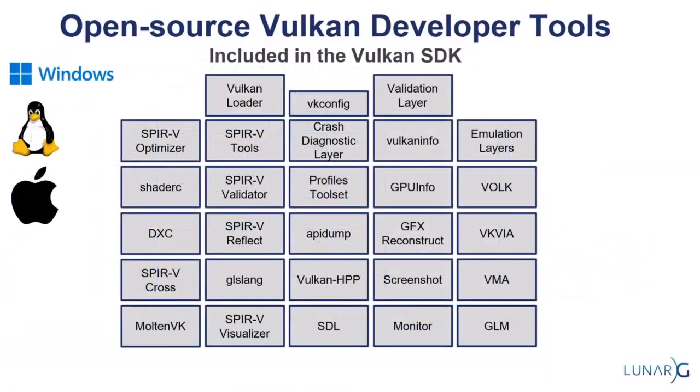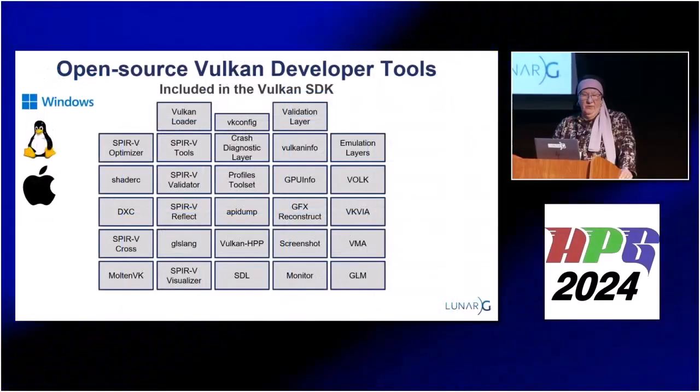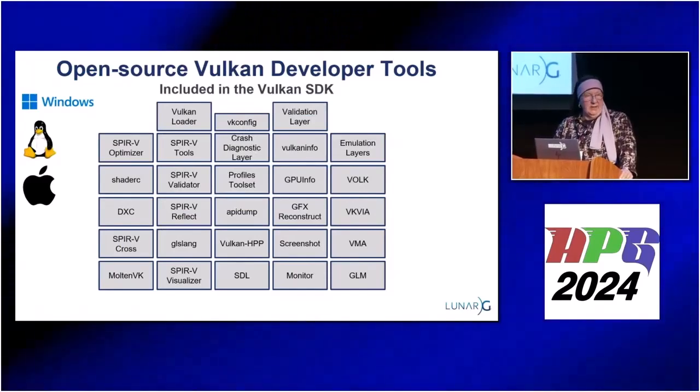And by no means is this list exhaustive. For example, RenderDoc, everybody uses RenderDoc. We don't bundle it in the SDK because it has its own very healthy delivery mechanism. So I'm not saying this is an exhaustive list, but again, these are the ones that are in the Vulkan SDK. It is supported on 3 platforms today: Windows, Linux, and Mac.